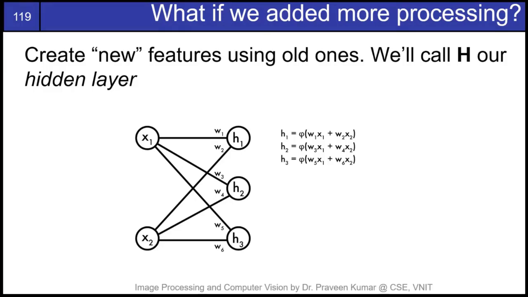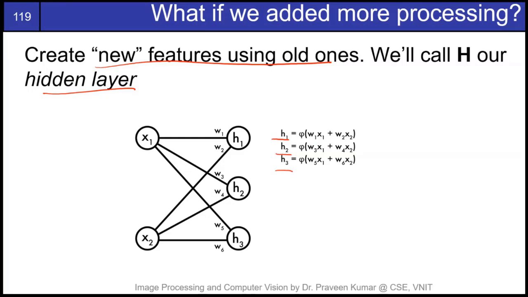For example, let us say your raw input pixel values are x1 and x2, and you create new features from the raw pixel values using an additional layer of processing, which is also called a hidden layer in neural networks. If you take some combination, w1 x1 plus w2 x2, and apply a function which is not linear but non-linear, you may be able to transform these raw pixel values into new features.